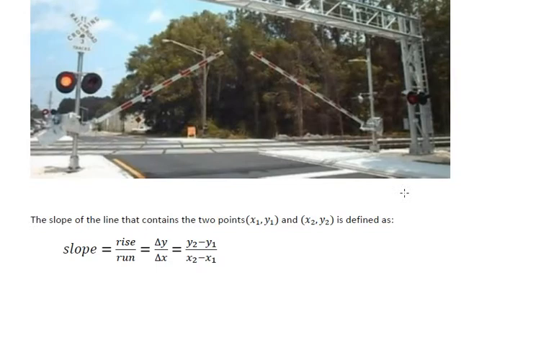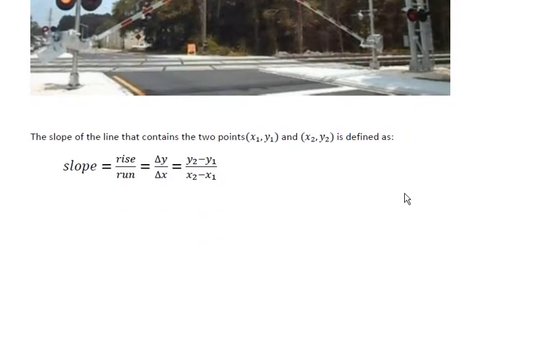Before we take examples, to get a measurement of slope, we have a formula that's used. The slope of the line that contains 2 points, x1, y1, and x2, y2, is given by the following relationship.